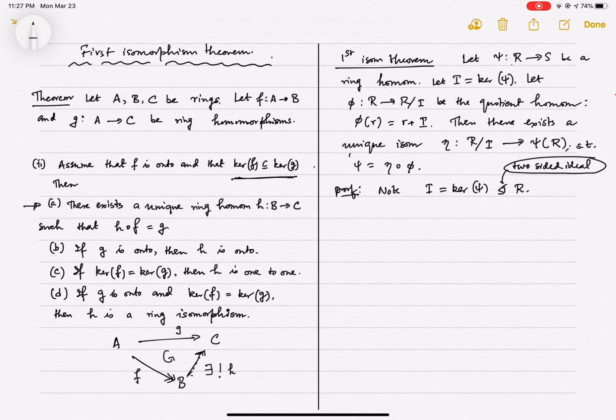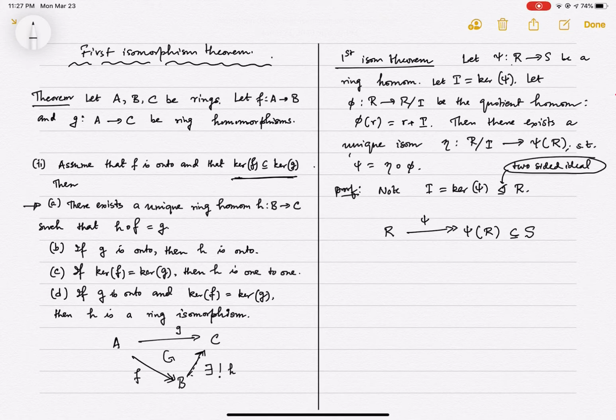So what is given is that you have this homomorphism psi from R to S. This one is not onto, but if I restrict it to its image, which is really a subring of S, now this one is onto.